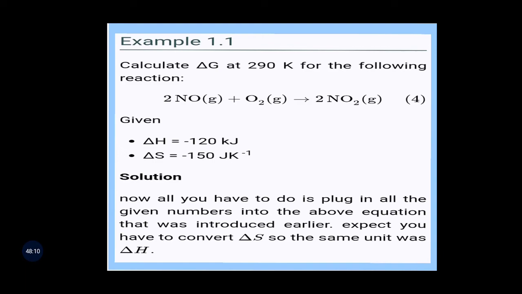You will be given temperature in Kelvin, so no need for conversion. But look at our entropy. Remember, I said you must change the entropy from joule per Kelvin to kilojoule per Kelvin, since we have enthalpy in kilojoule. So before we can use the value of entropy here, we have to change it from joule to kilojoule.